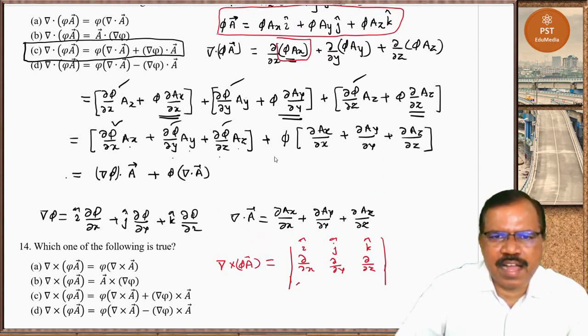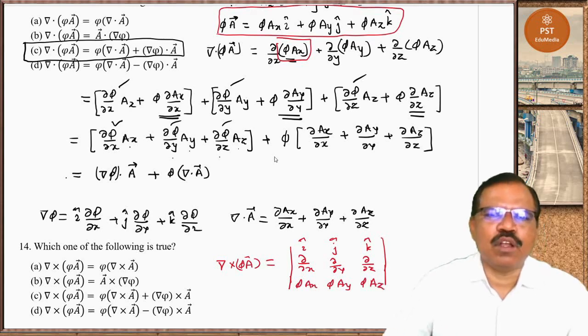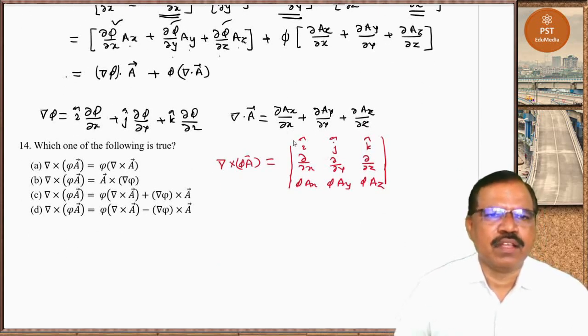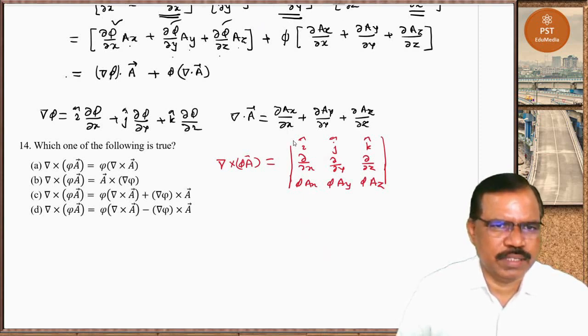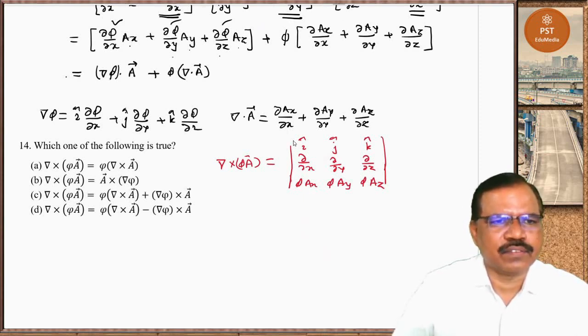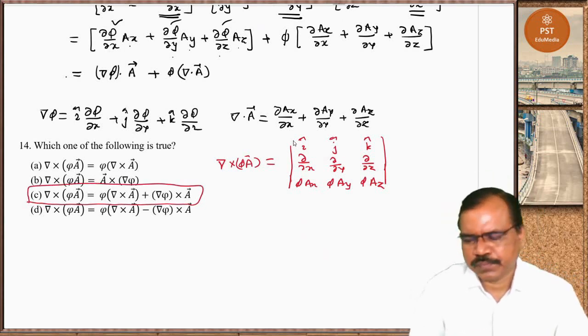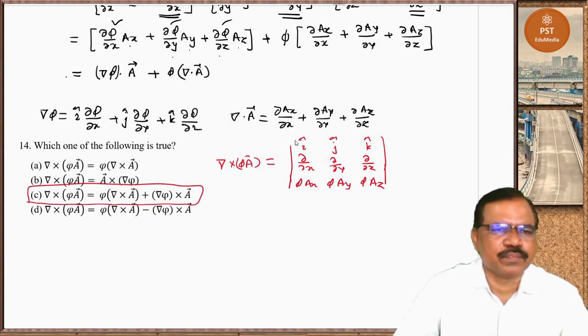So you get here phi a_x, phi a_y, phi a_z. And then solve by the usual method. If you solve by the usual method, you will get this term. So it is simple.